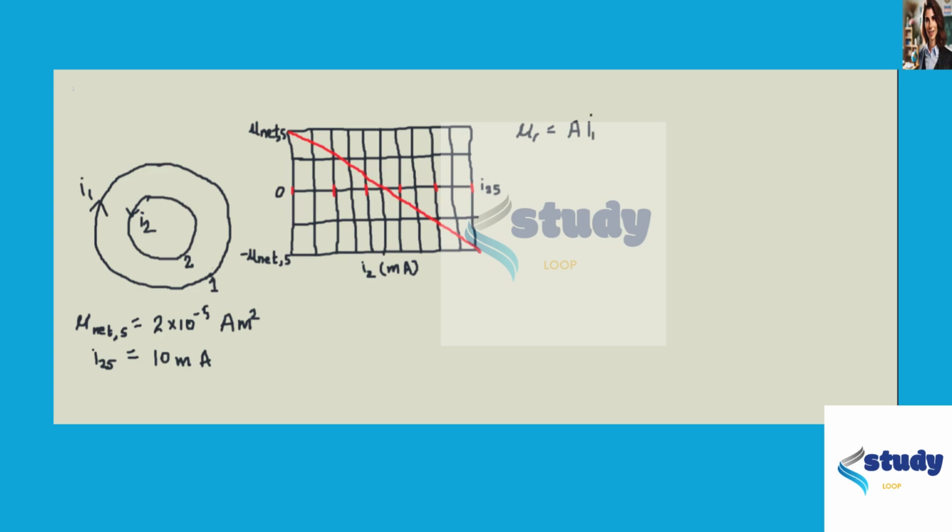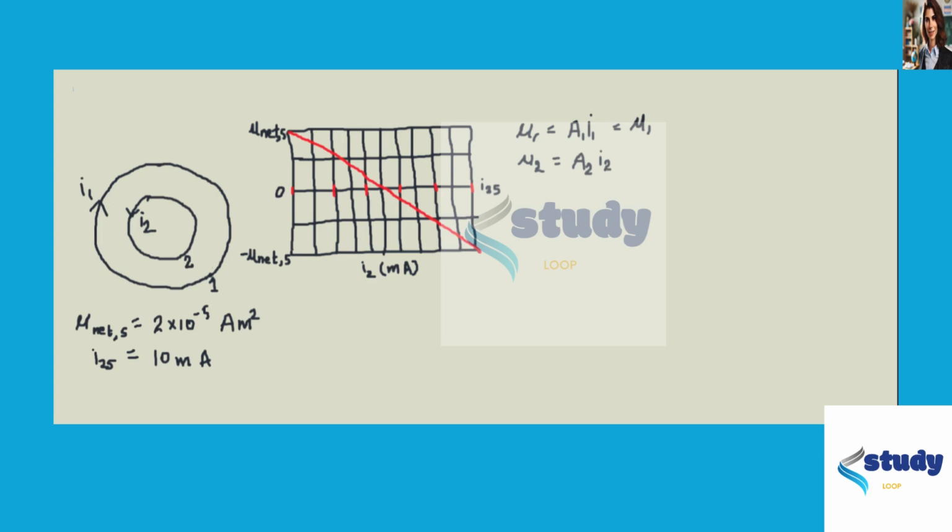Since this is fixed, we don't need to do anything about it. Let us fix this as mu1. Now, the magnetic dipole moment for the second coil, mu2, is equal to the area of the second coil A2 times the current in the second coil I2.